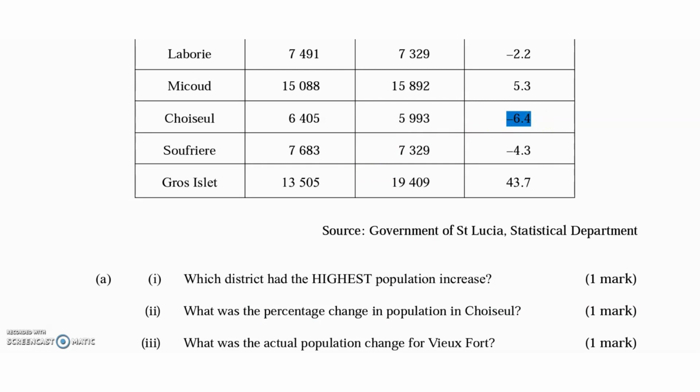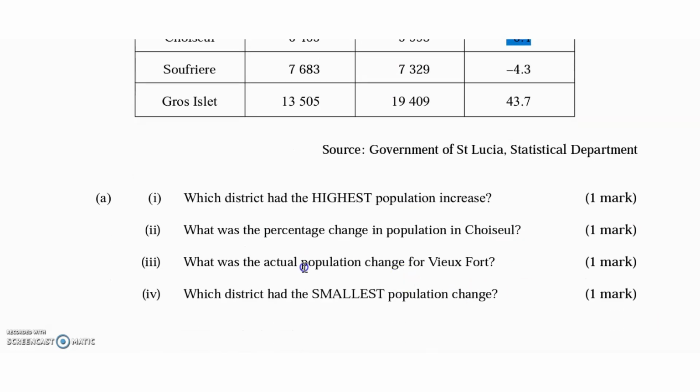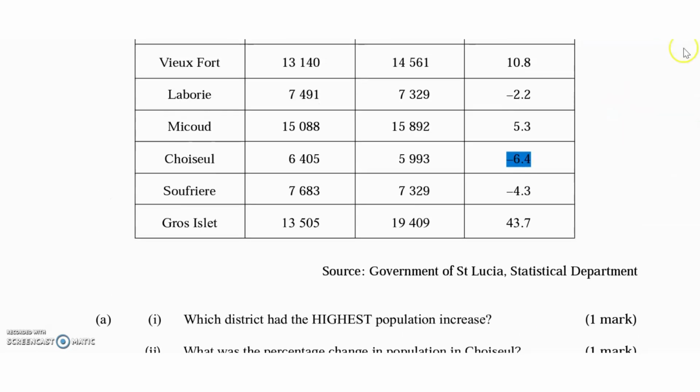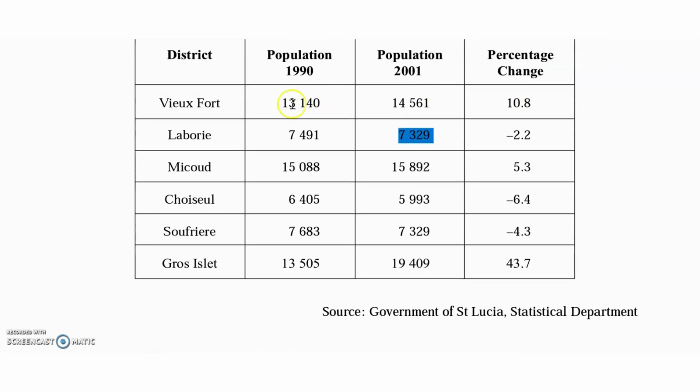Thirdly, what was the actual population change in Vieux Fort? Let's go back to the table. Vieux Fort was 13,140 in 1990, and the population in the year 2001 was 14,561.